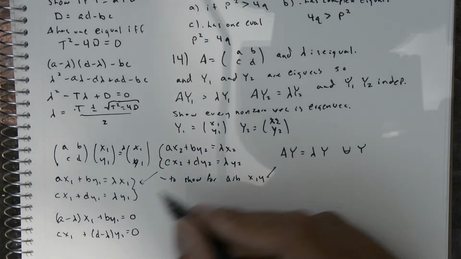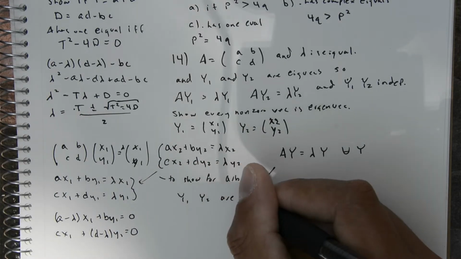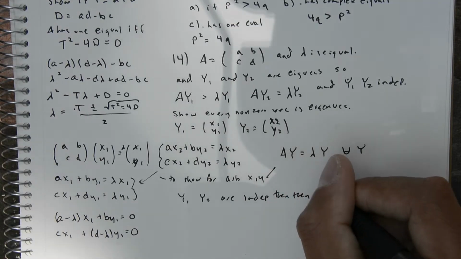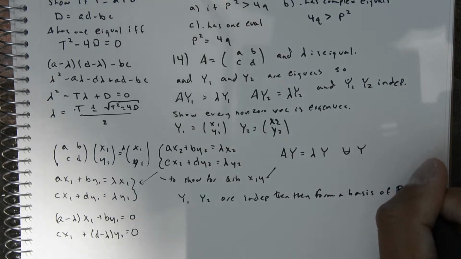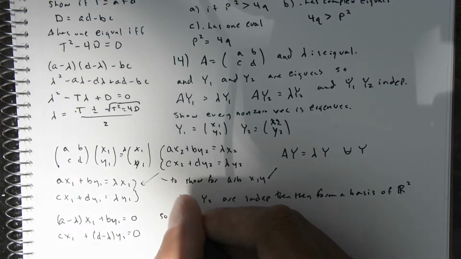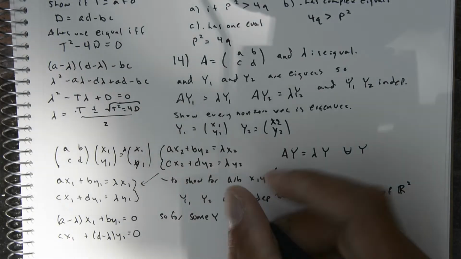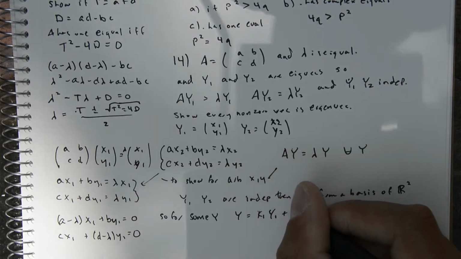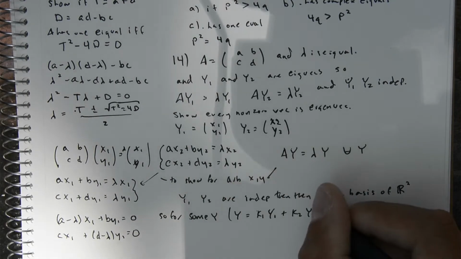Okay, well, if these are independent, here, if y1 and y2 are independent, then they form a basis of R2. So for some y, we can write y equal to k1 y1 plus k2 y2. Then we just apply A to this.